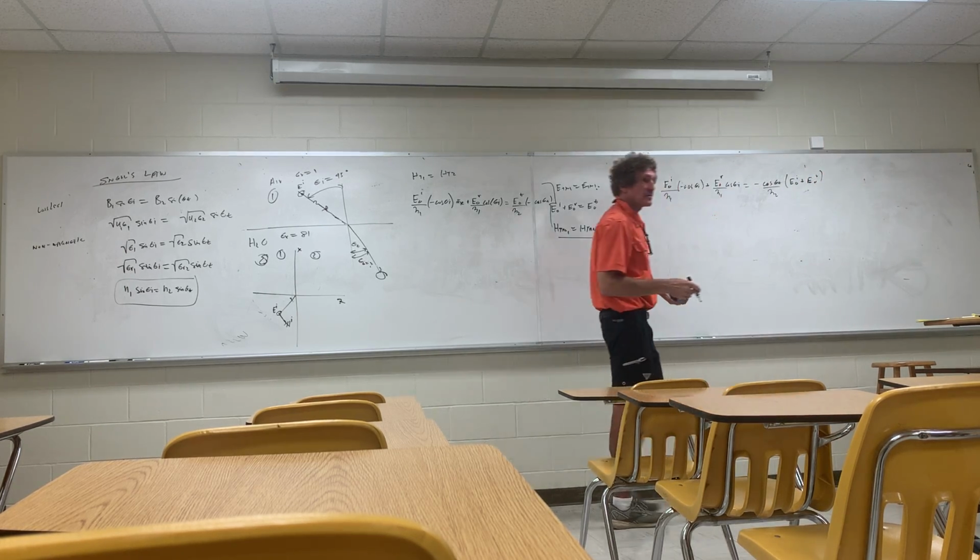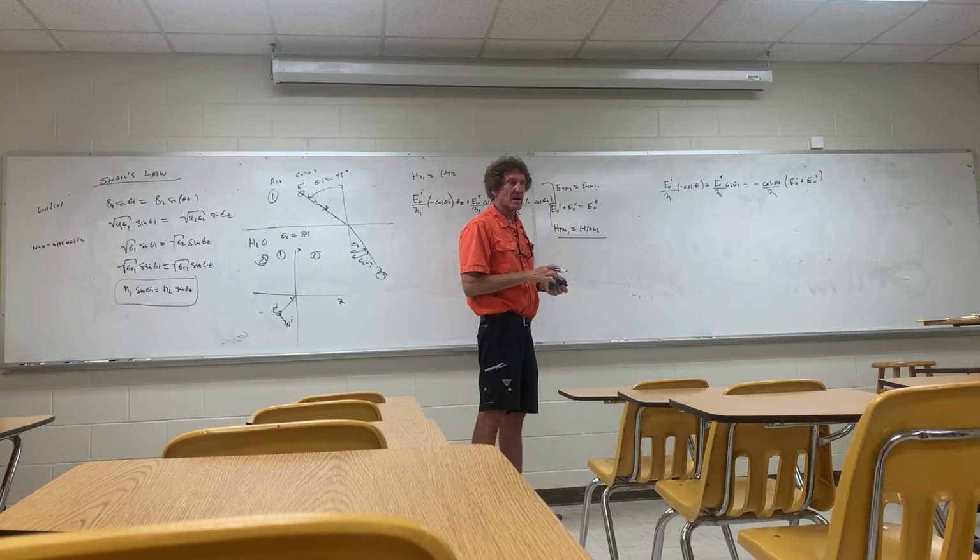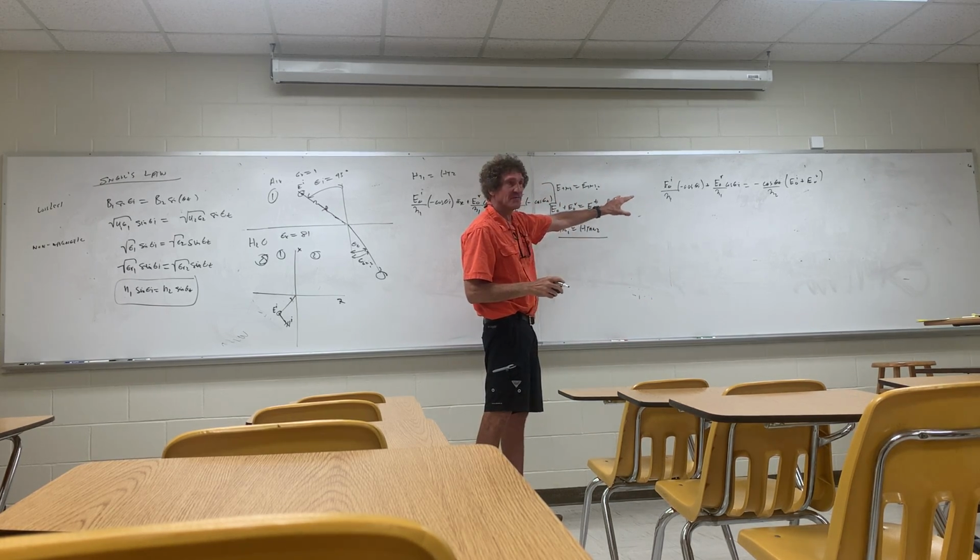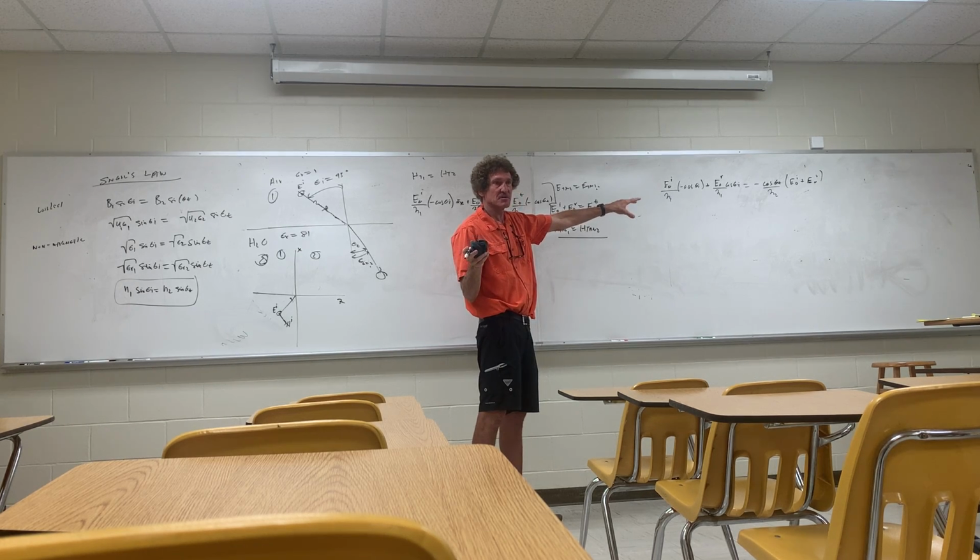Can y'all follow what I'm doing? All right. I know it doesn't look like fun, but just hang on. You're going to see this thing falls apart in a second.